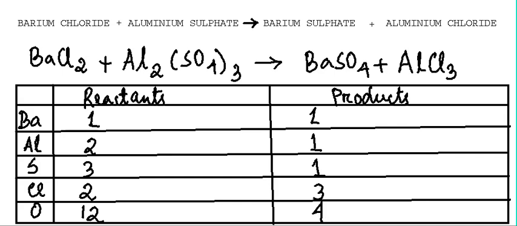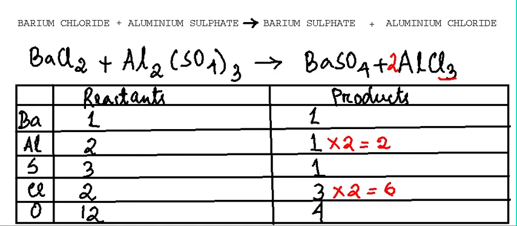Now first thing, barium is balanced, so we are not going to touch that. First we'll start with aluminium. So aluminium is 2 on the reactant side and 1 on the product side. So we should multiply 2 with AlCl3 so that aluminium becomes 2, and as well chlorine will become 6. 3 multiplied by 2 becomes 6.